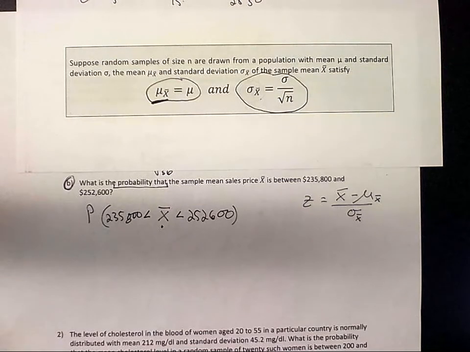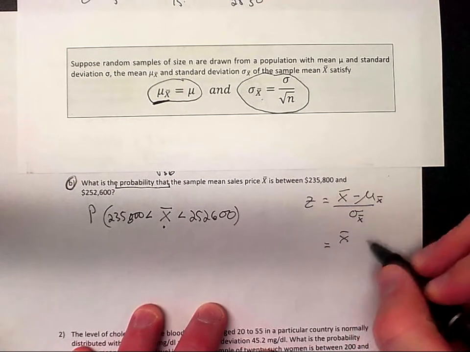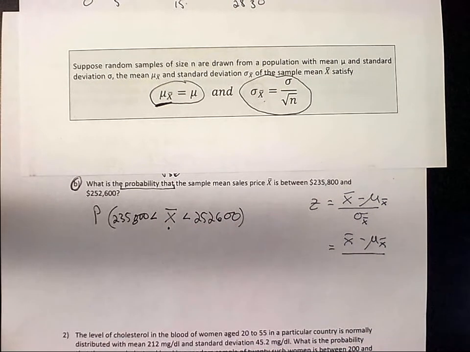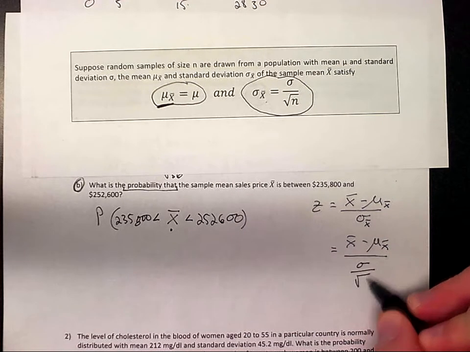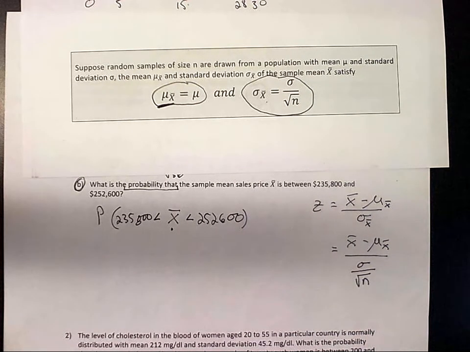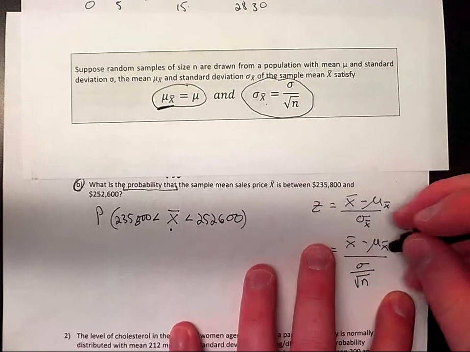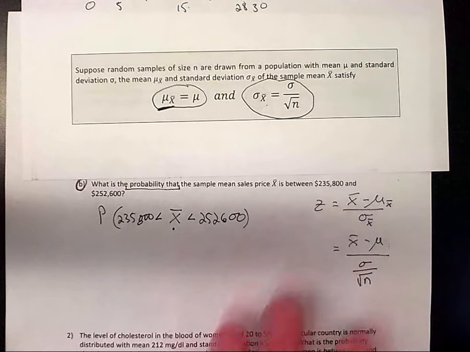If you do this right here, remember that sigma sub x bar is equal to what? Sigma divided by the square root of n. And we also know that mu sub x bar is equal to mu. So we could just have mu right here, because those two things are the same.